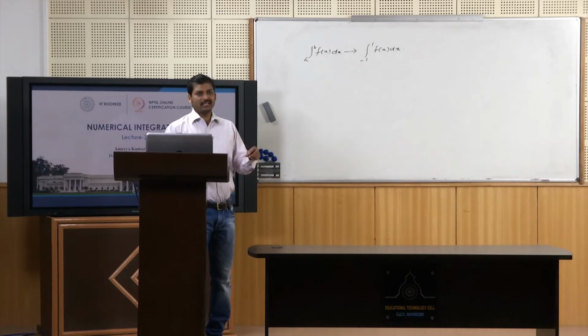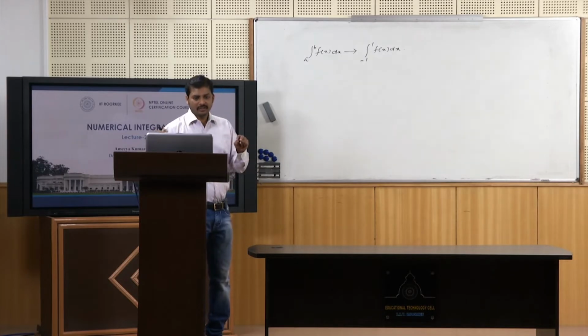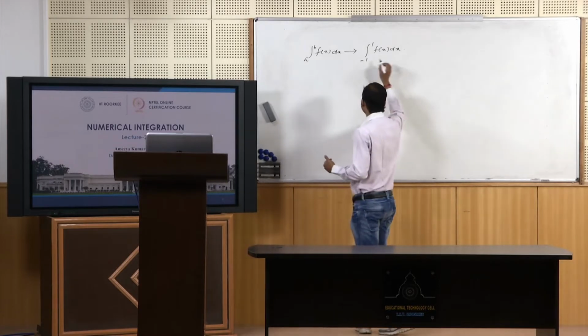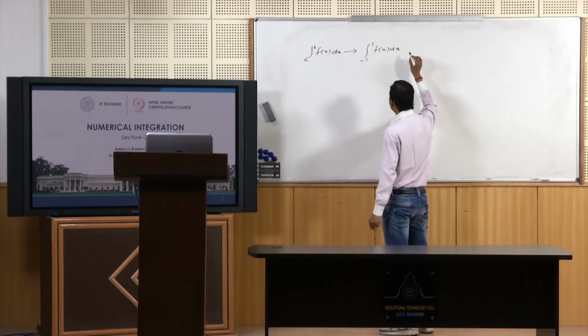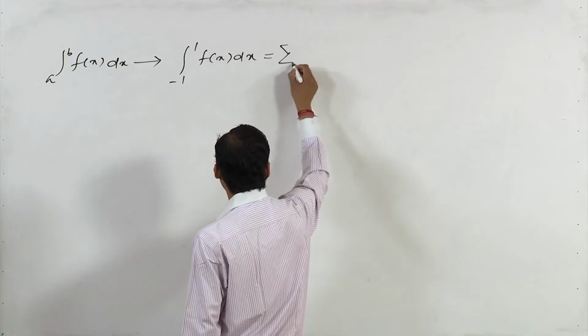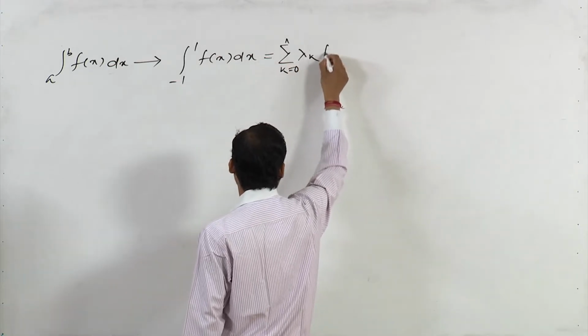and once this transformation has been made, then we can go for this series expansion or linear combination of the functional values at different nodal points. So, this means that once we transform the integration range a to b to -1 to 1 f of x dx, we can represent it as a linear combination, that is, summation k equals 0 to n lambda k f of x k.